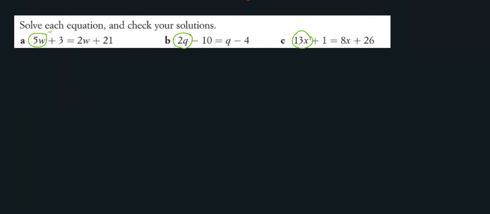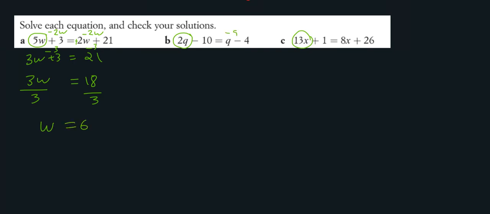So we need to get rid of 2w here. So we subtract 2w because that's the opposite of what we have here. So 5w minus 2w is 3w plus 3 is equal to 21. We subtract 3 both sides to get 3w is equal to 18. Divide by 3. And then we get w is equal to 6.